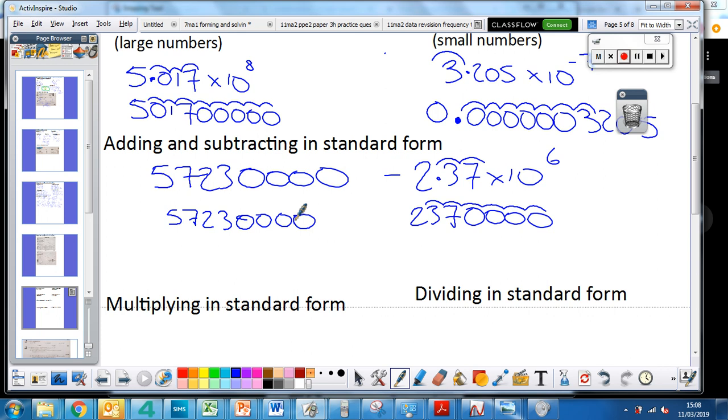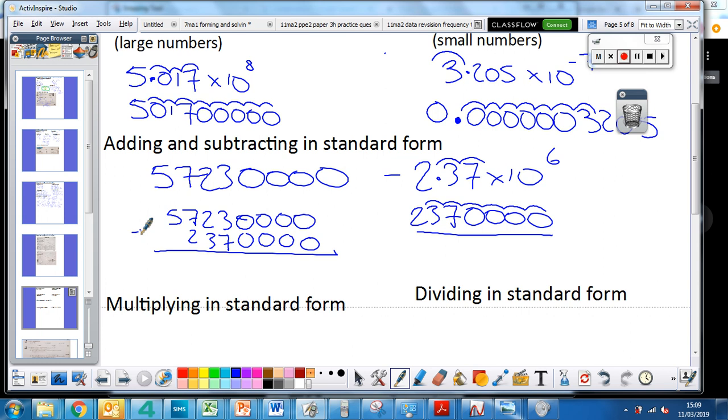Now, my advice is fill these numbers in here, starting at the back, so you get them lined up correctly. Now, there are 4 zeros here. 1, 2, 3, 4. And then it says 2, 3, 7. If you line it up like that when you're subtracting, everything's going to be okay. So what we need to do now is the subtraction.